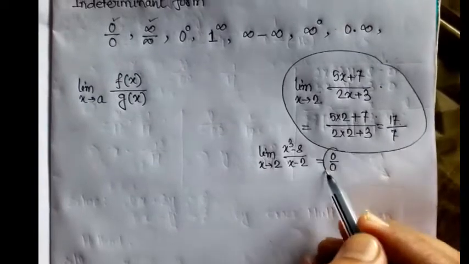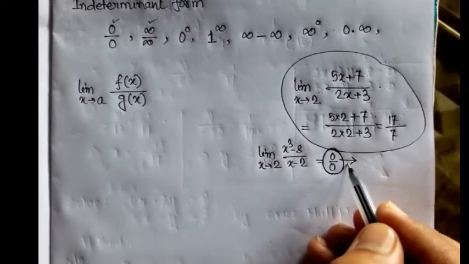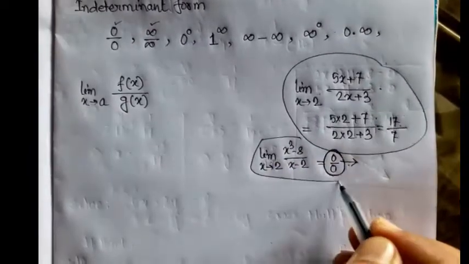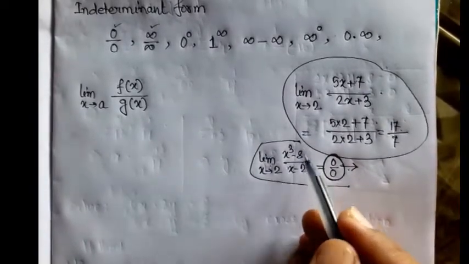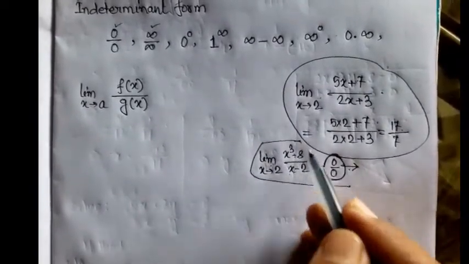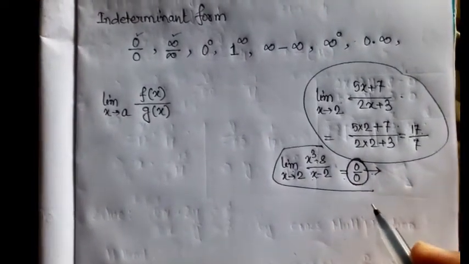Since this is an indeterminate form, we can't say the limit value is indeterminate or that the limit does not exist. So for this type of problem, since there is an indeterminate form, we can solve it by use of L'Hospital rule.